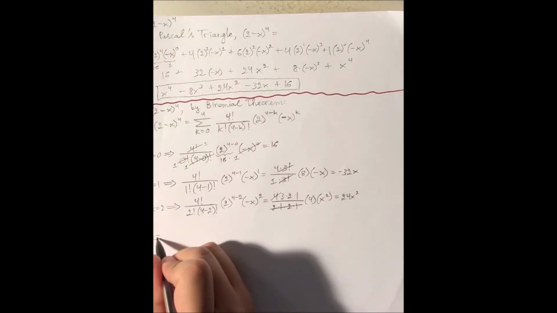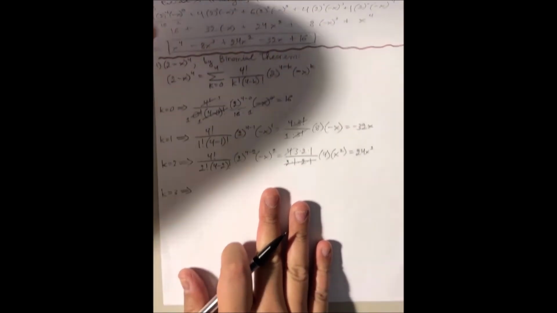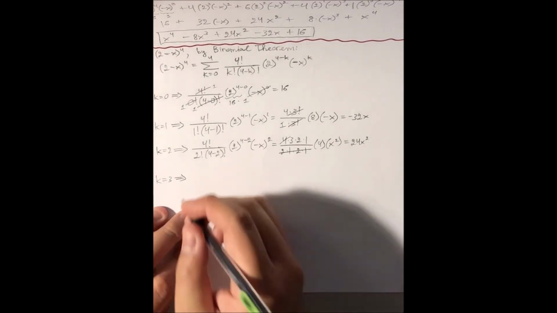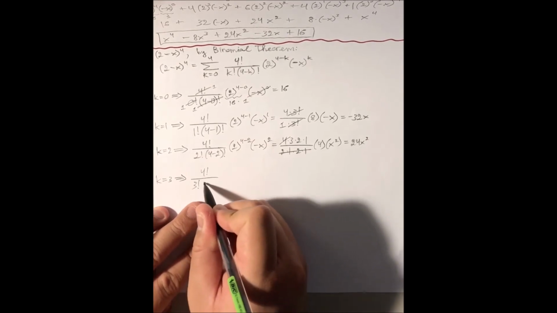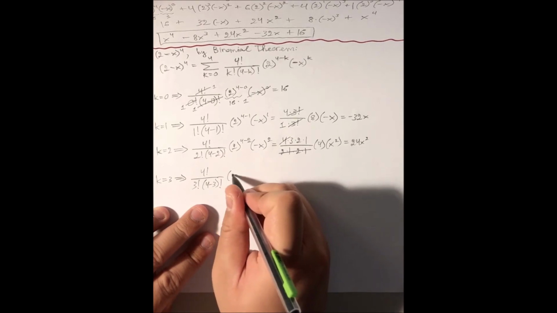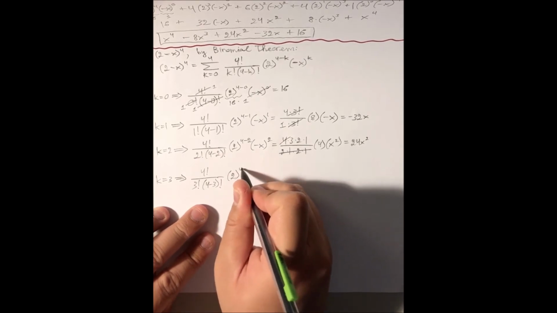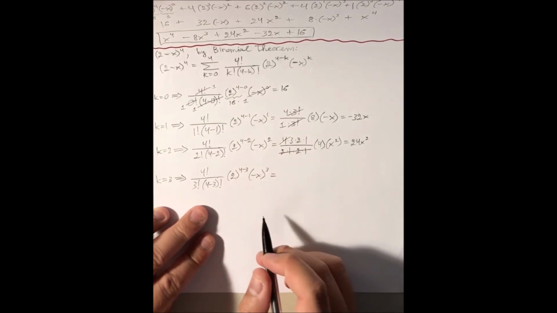When k equals 3, we got 4 factorial over 3 factorial multiplied by 4 minus 3 factorial. And this is pretty straightforward, as you can see.